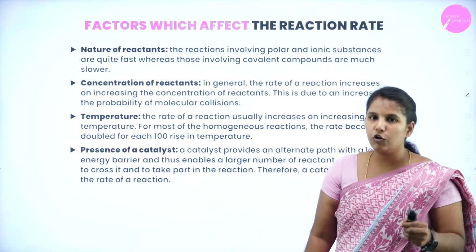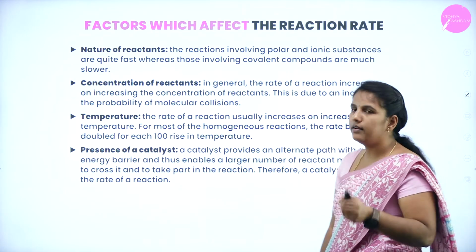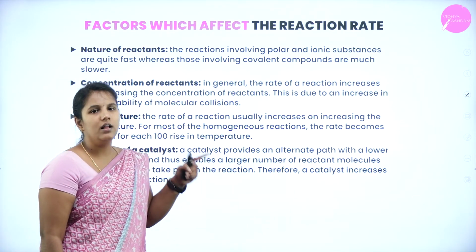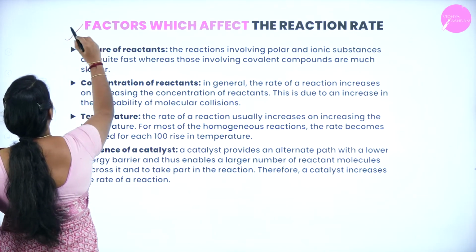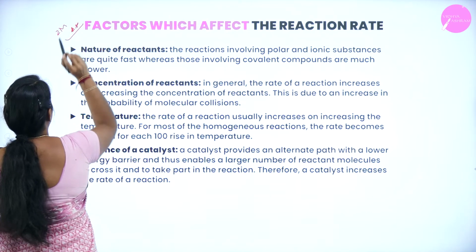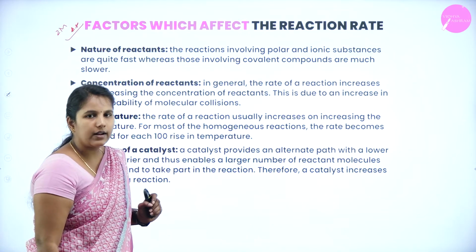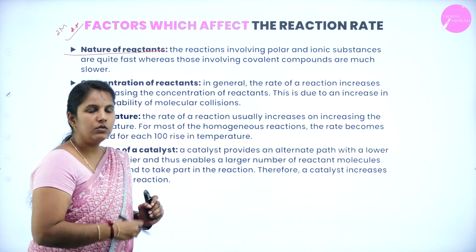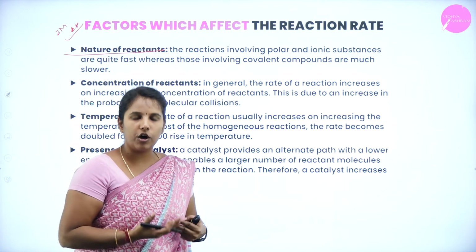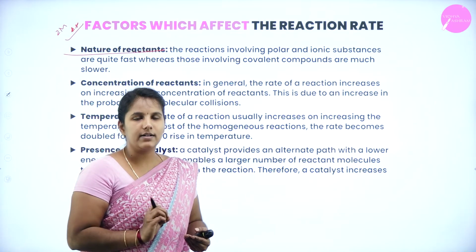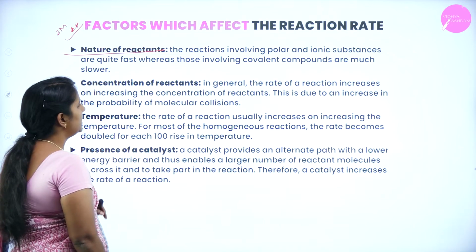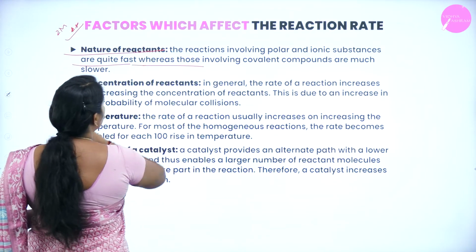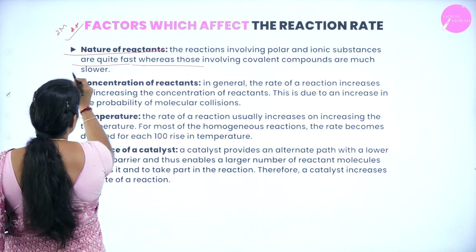Next, we'll understand what are the factors which affect the reaction rate. Already I told you that the factors which affect the reaction rate are very important from the examination point of view. For 2 marks, they can ask what are all the factors which affect it. The first one is the nature of the reactant. What kind of reactant you are taking, whether it is organic or ionic, matters a lot. Reactants involving polar or ionic substances are quite fast, whereas those involving covalent compounds are much slower.